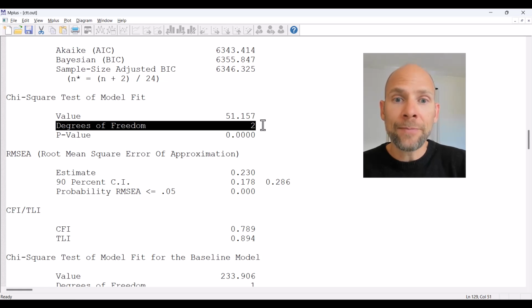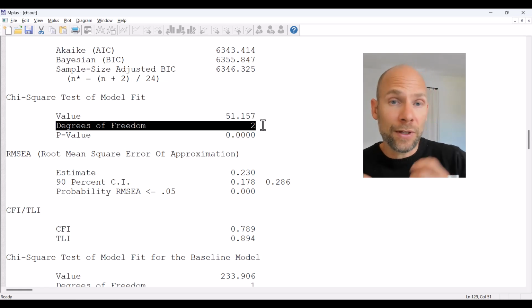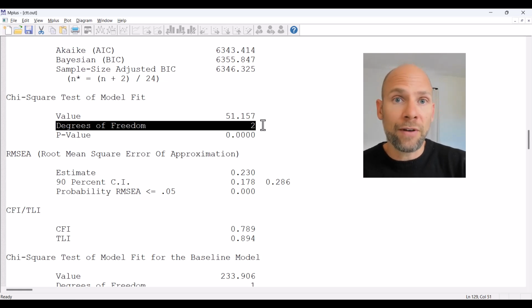And so then that constrains the observed means to be equal, and it also constrains the observed variances to be equal. And so if any one of these constraints are not in line with the data, then the chi-square test will show this, provided it has enough statistical power, meaning if you have a large enough sample size, the chi-square should detect any misfit or any differences in the observed means or any differences in the observed variances beyond sampling error.